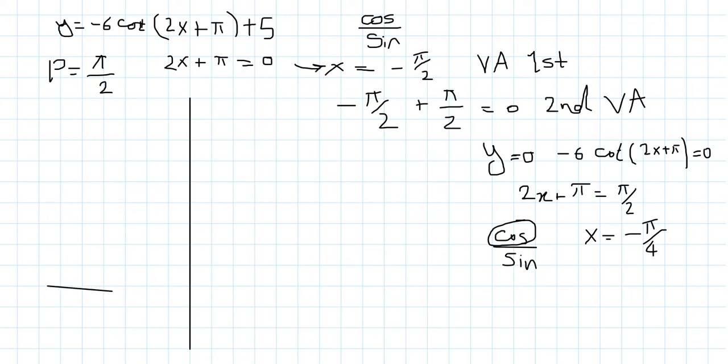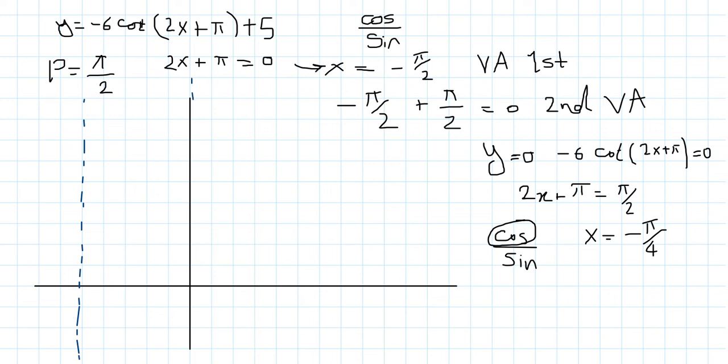Let's draw the graph like this. I know my first vertical asymptote is at x equals minus pi over 2, and the next is at x equals 0.